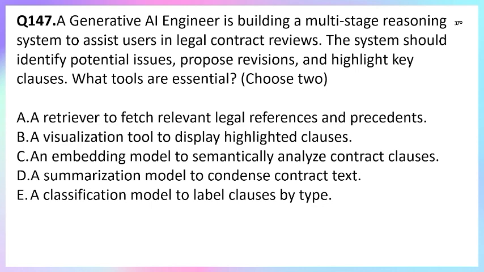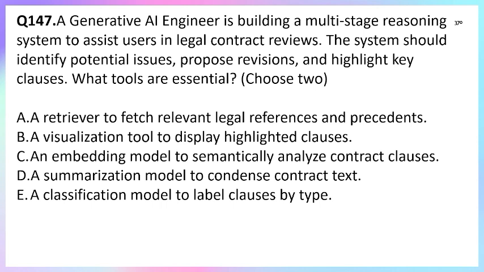So what exactly is the question asking? Identifying potential issues requires retrieval of legal references and precedent, right? And proposing revisions is supported by retrieval and summarization, and highlighting key clauses is supported by classification. So, let's check the options one by one.